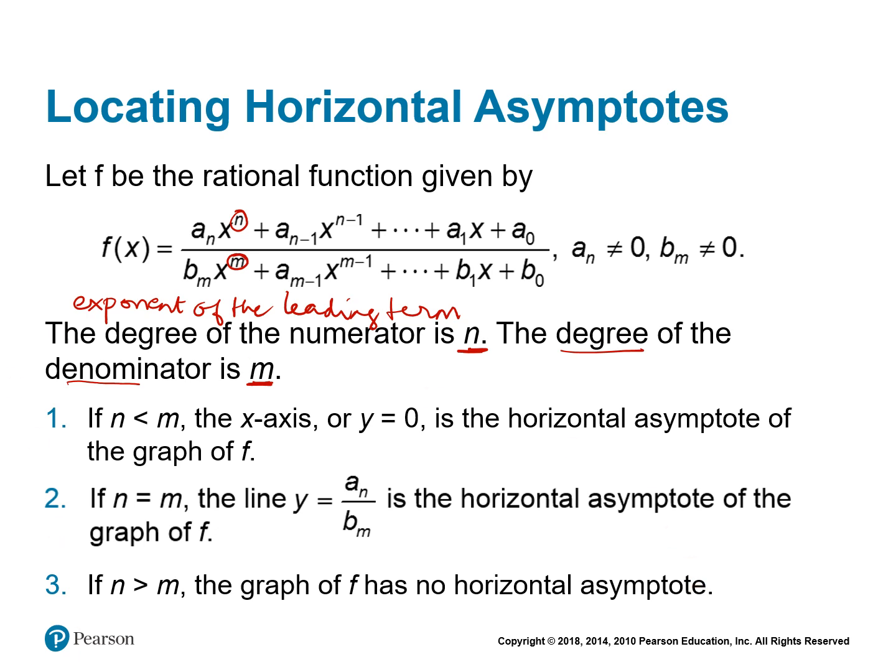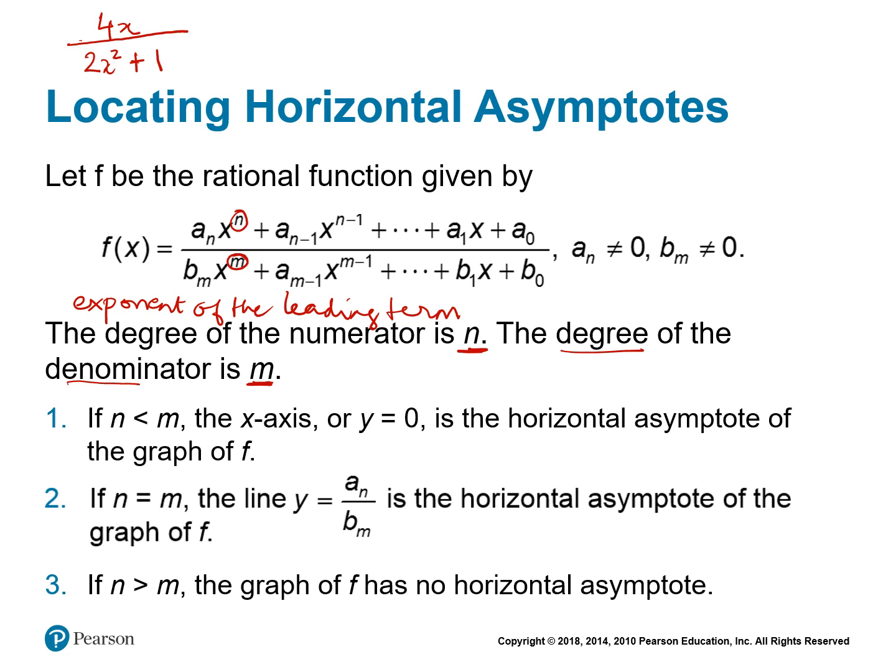So let's say we have here, as an example, 4x divided by 2x squared plus 1, and we want to know if this would have a horizontal asymptote. If it does, where this would be located.